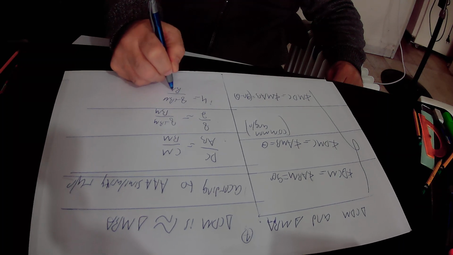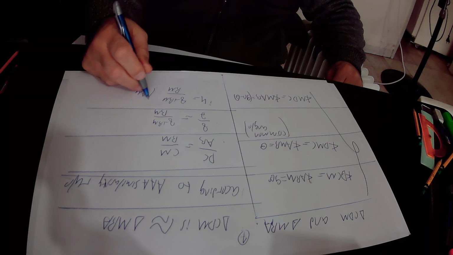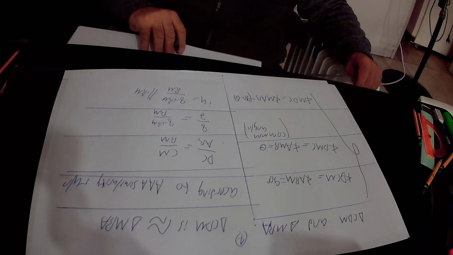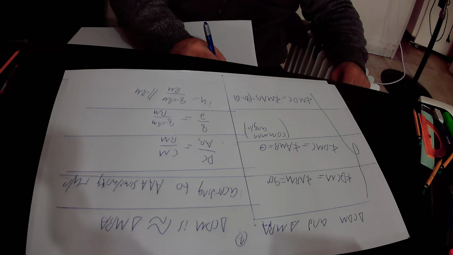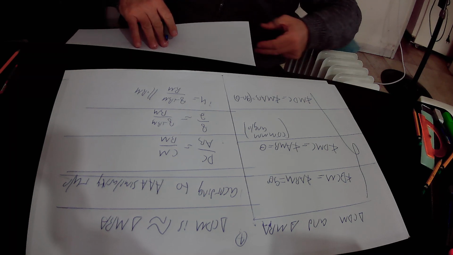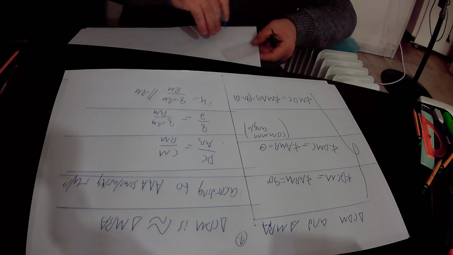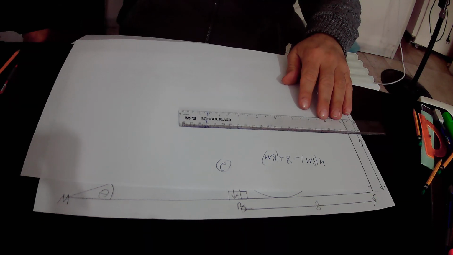over BM. Here we multiply this equation by BM and we get that 4 times BM equals 8 plus BM. Repeat again, 4 times BM equals 8 plus BM.